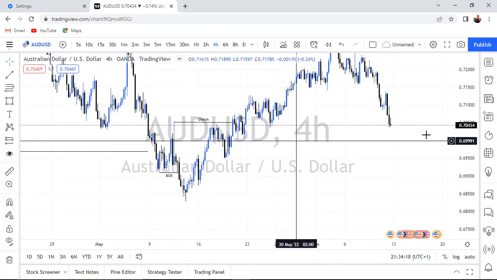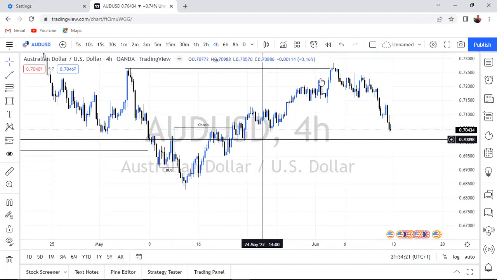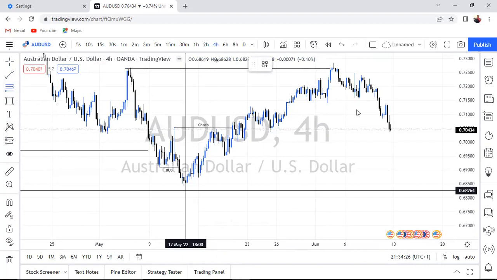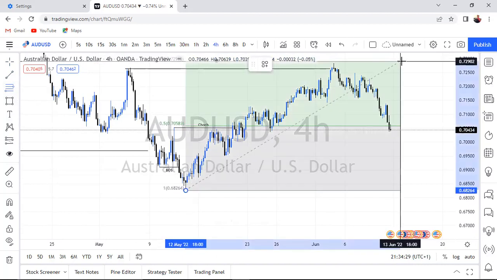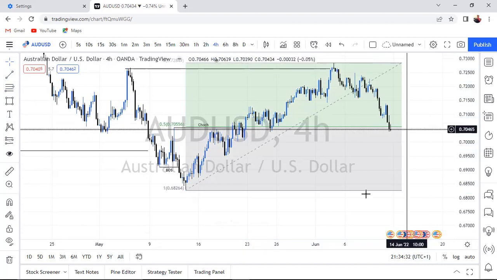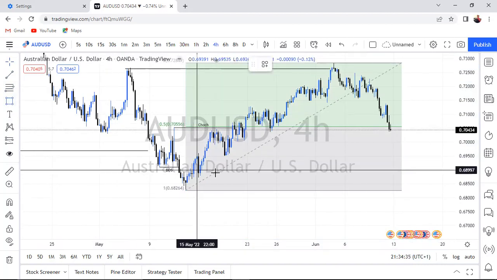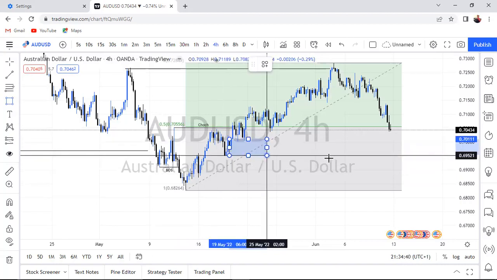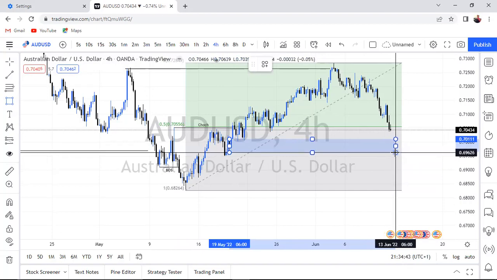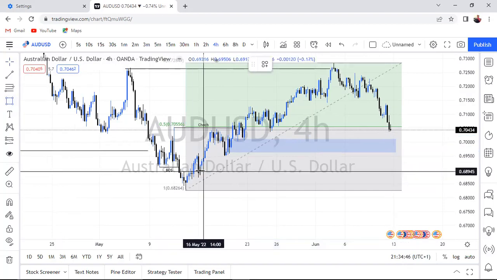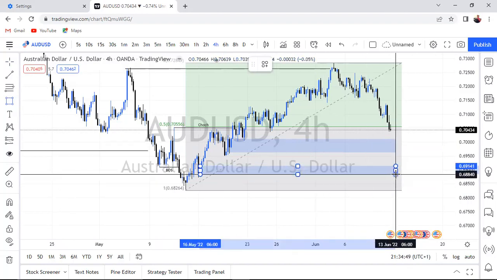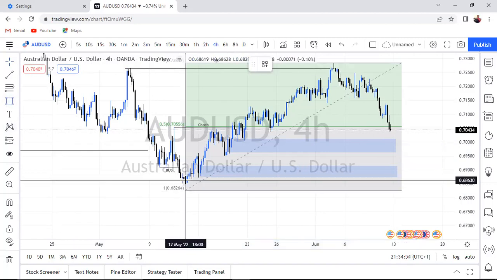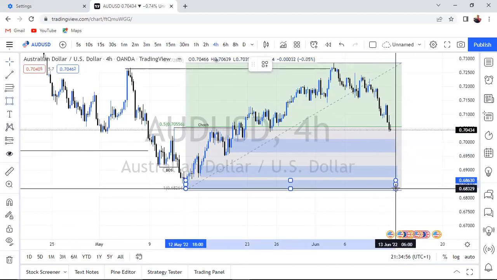So if this is an impulse leg, we have to look at this. We have those blocks from here. This is another one here. And the last one down here. But we might not be seeing it. Wow.